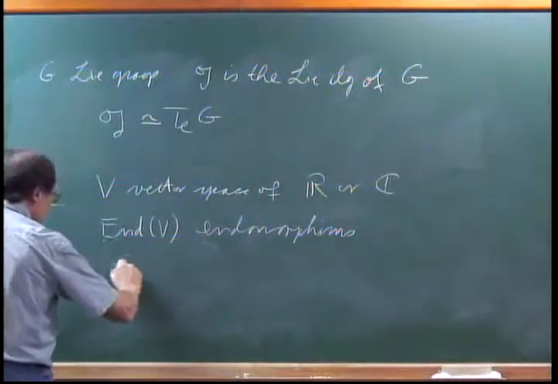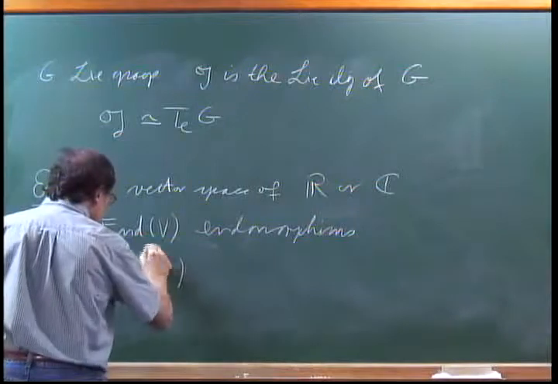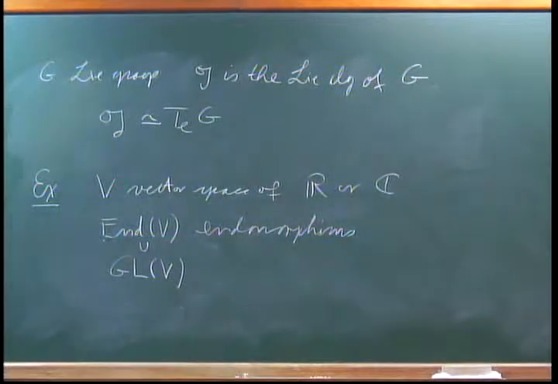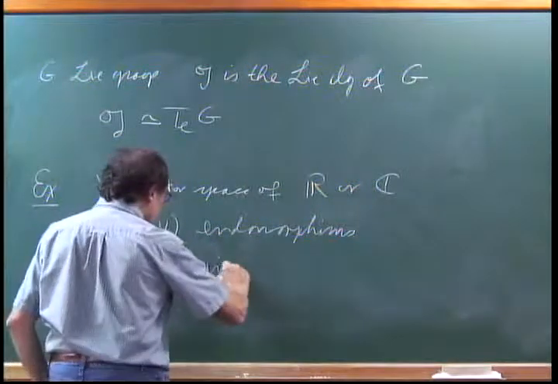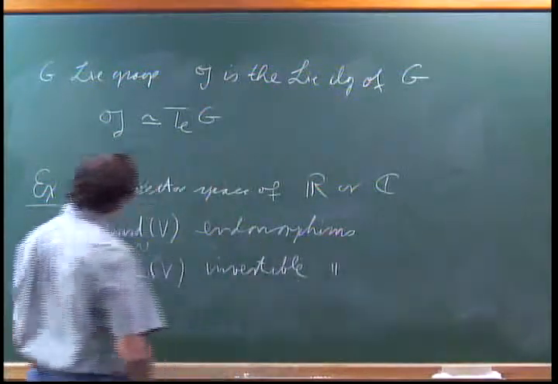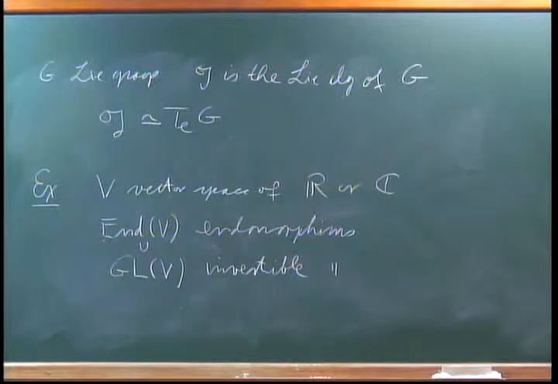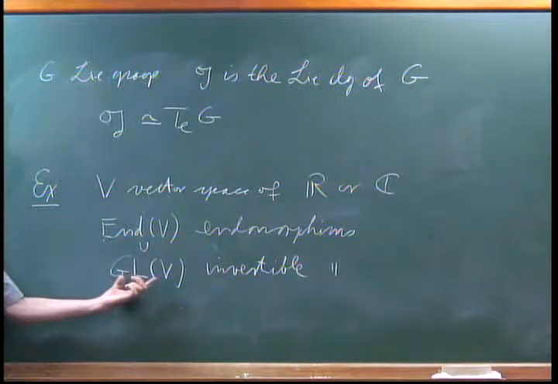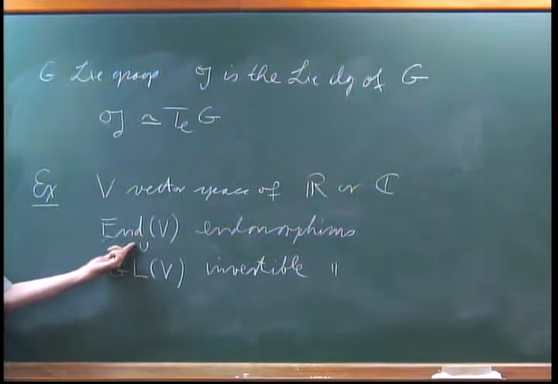And I have what I want to call the GL(V) sitting inside there, which are the invertible linear maps. So invertible endomorphisms. Of course, if I think of this as a basis, this would just say that the determinant is non-zero. So certainly this is an open set in here in general.